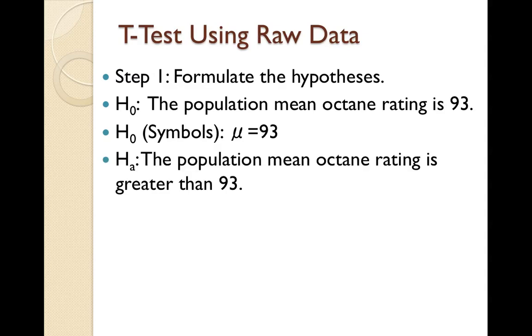The alternative hypothesis is that the population mean octane rating is greater than 93, which would imply that the new system produces octane ratings that are greater than the existing system, 93. Mu greater than 93. So there's our indication that we have a test on the right-hand side. This is a greater than test.